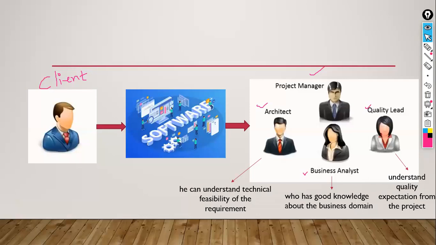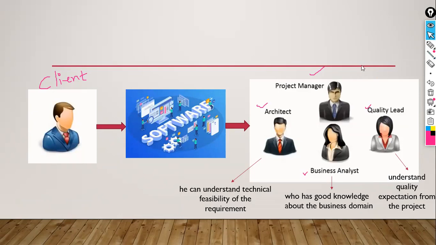So how, by maintaining good quality, are we going to implement that, and how are we going to test it properly? What are the different types of tests that we need to execute? That is the expectation: if we execute these tests, can we identify whether the application is working fine or not? Those things will be handled by the quality lead here.